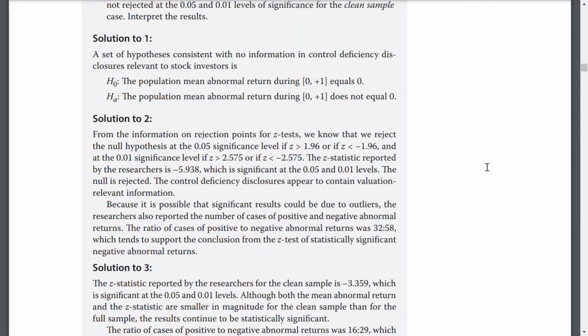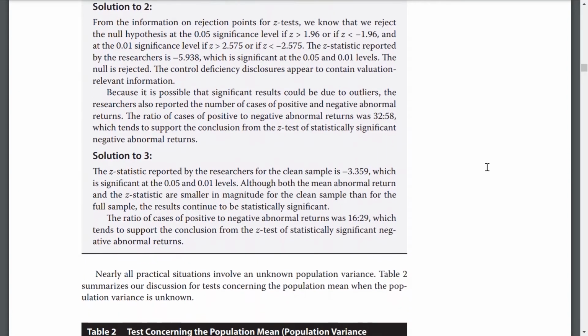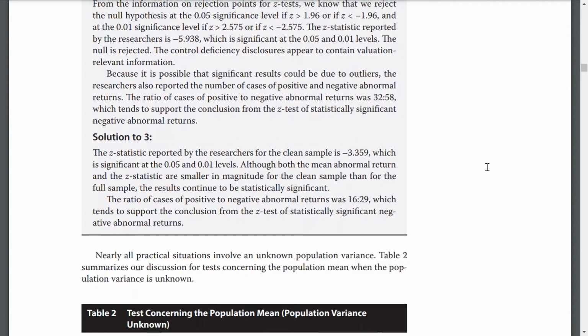Solution to 3. The z statistic reported by the researchers for the clean sample is negative 3.359, which is significant at the 0.05 and 0.01 levels. Although both the mean abnormal return and the z statistic are smaller in magnitude for the clean sample than for the full sample, the results continue to be significant.